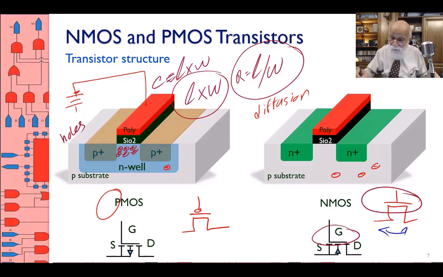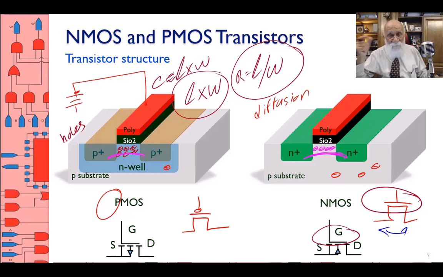The resistance for NMOS is by traveling of the electrons. Going from here to here, and here to here.